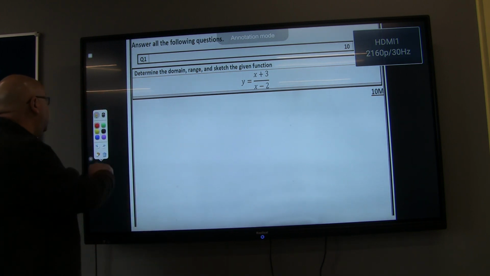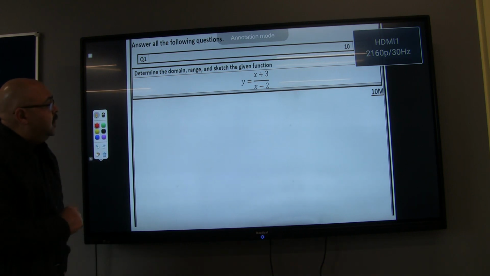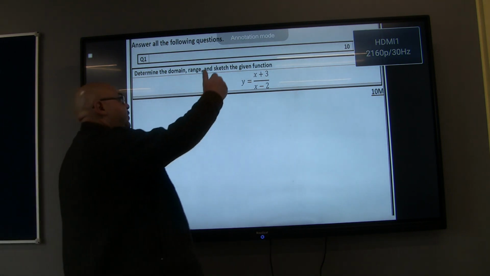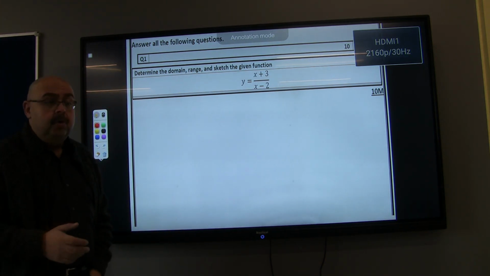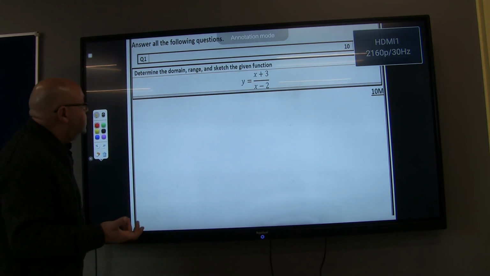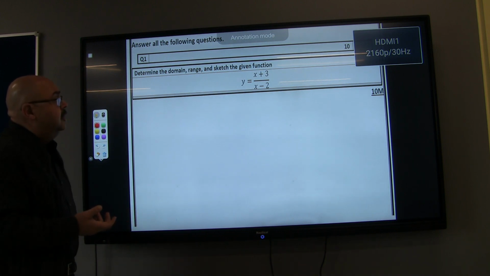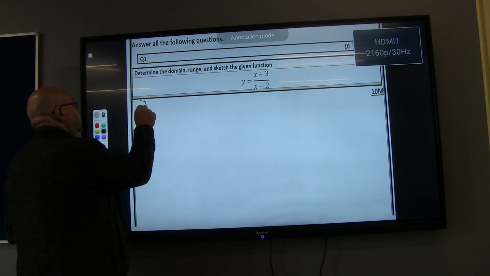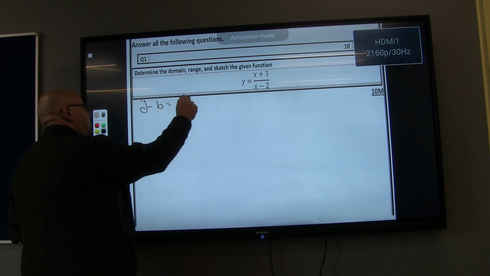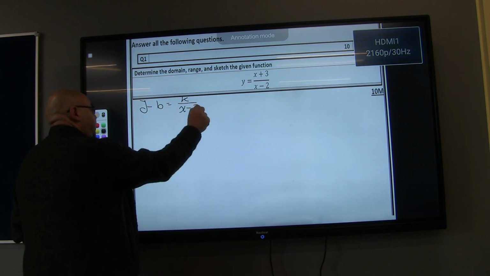If I want to treat this function, the degree of the numerator and the denominator are almost the same. We will have to manipulate this form in order to get to our normal form. Remember, our normal form states that y minus b equals k divided by x minus a.